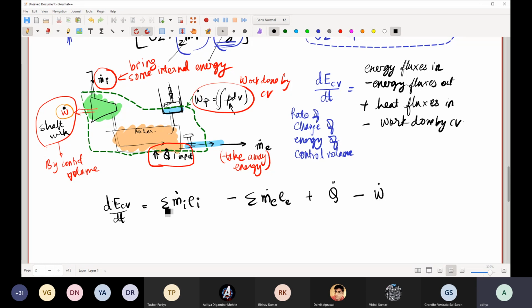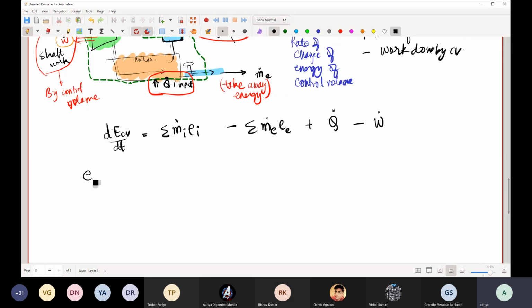So what is the small e? Small e is the specific total energy.